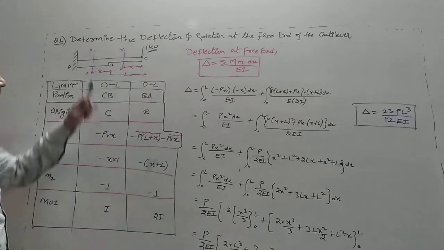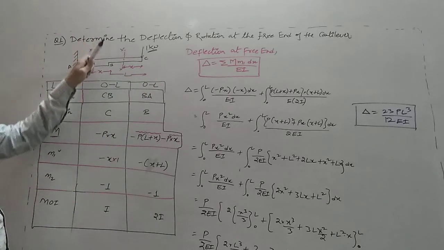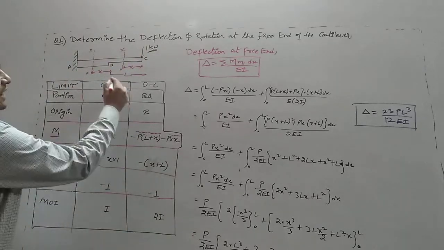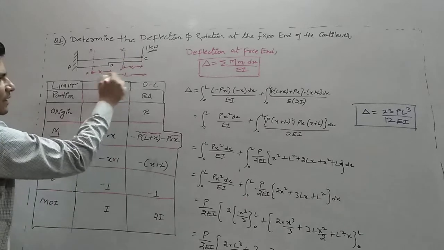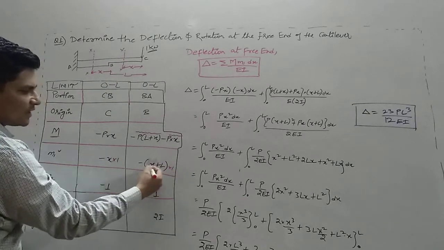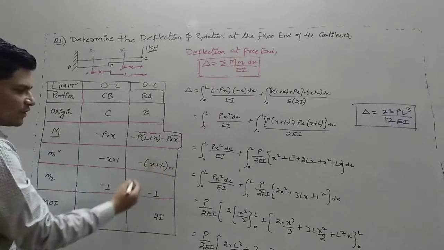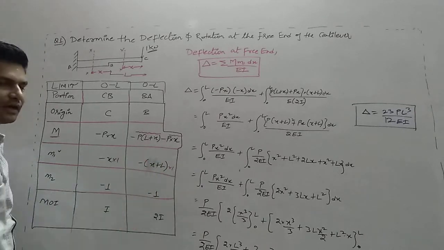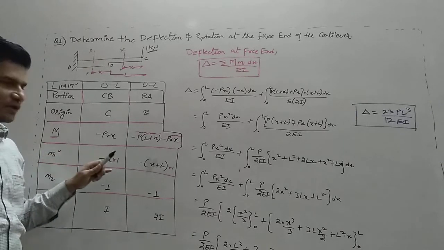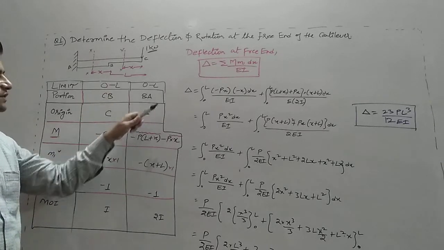Now write the bending moment value for this BA portion. This time the perpendicular distance is L plus X. So 1 into L plus X, or X plus L, with a negative sign because it is hogging in nature. This is the way you write your M1 value expression for the CB portion and the BA portion.